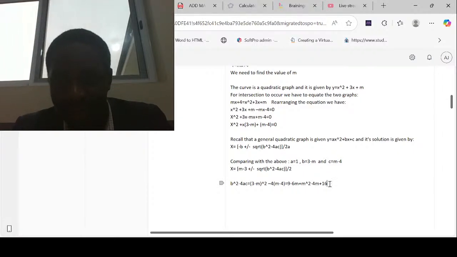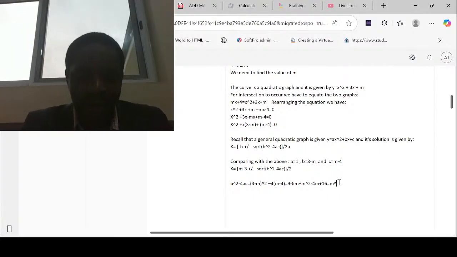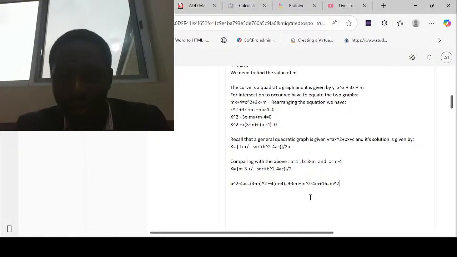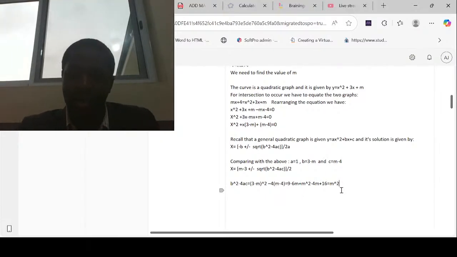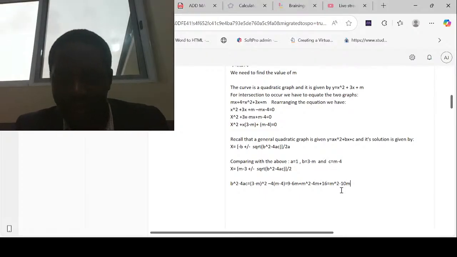So now, this is going to become m squared. I'm rearranging the stuff now. m squared minus 4m minus 6m becomes minus 10m. You see that? What else again? 9 plus 16 will become what? Plus 25, right?